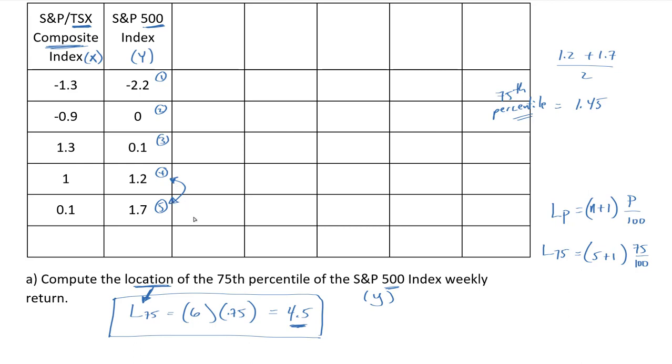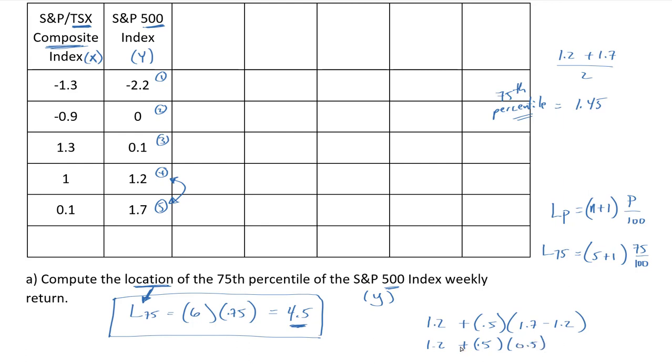Another way of finding the halfway point would be to start off at 1.2, and then add half of the distance between these two numbers. So that's 1.7 minus 1.2. Let's see, what does this give us? This is going to be 1.2 plus 0.5 times the distance between these two, which is 0.5.